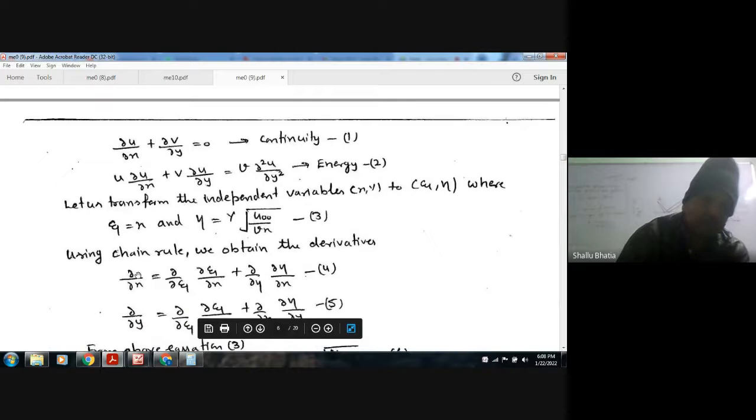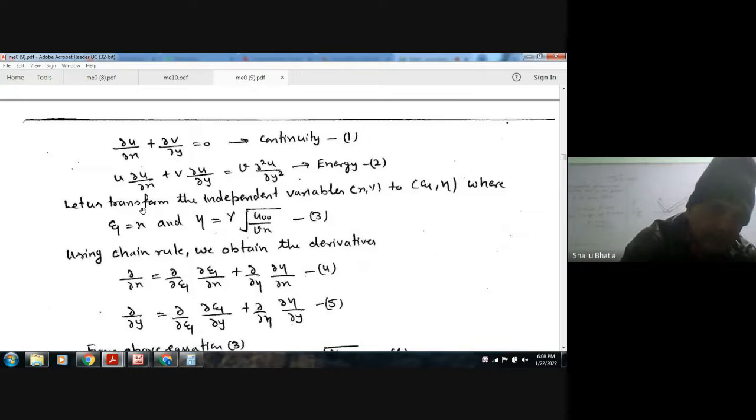Now, as he has converted x and y to xi and zeta, using the chain rule he put a relation between their differentials also. We have assumed that xi is equal to x and zeta is equal to this. So we have to convert ∂/∂x, ∂/∂y and ∂²/∂y² also.